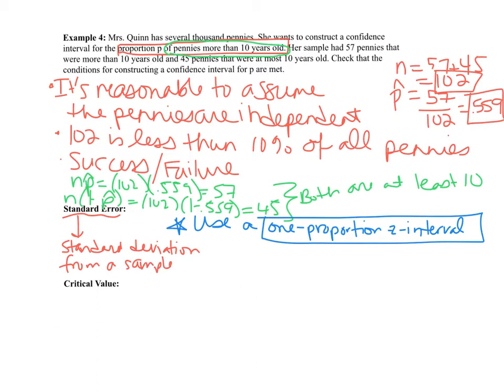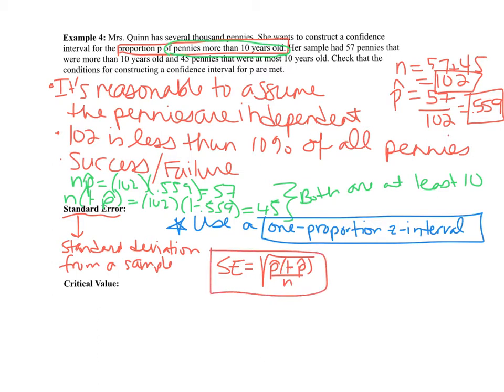And in this case, my standard error has a formula, and I usually write it as SE, the square root of p hat times 1 minus p hat over n. I'm hoping this looks somewhat familiar.